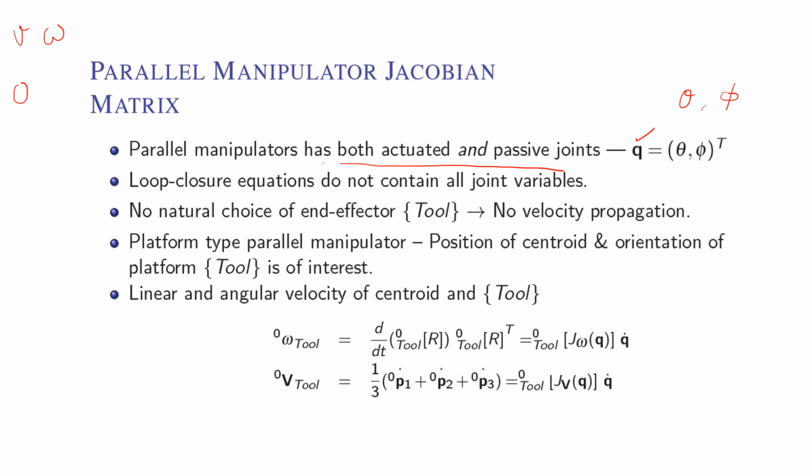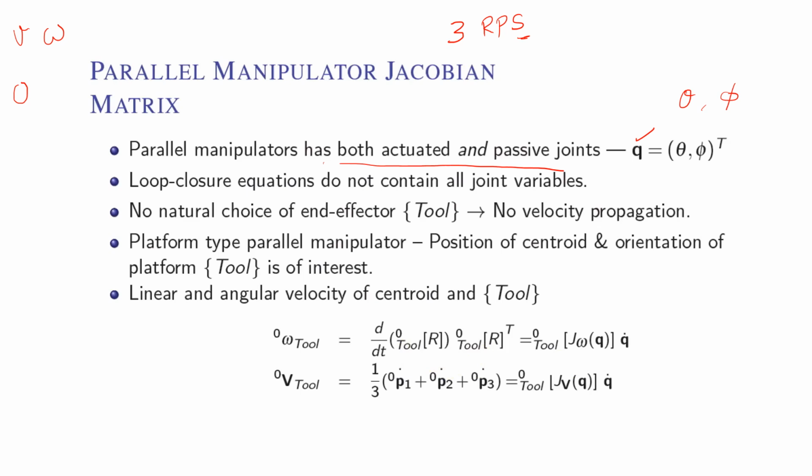The loop closure equations do not contain all the joint variables. For example, if we have a 3 RPS parallel robot, then we have to break up at the spherical joint, and then it does not contain the joint variables of the spherical joint.